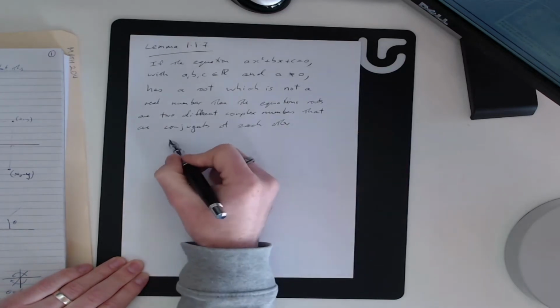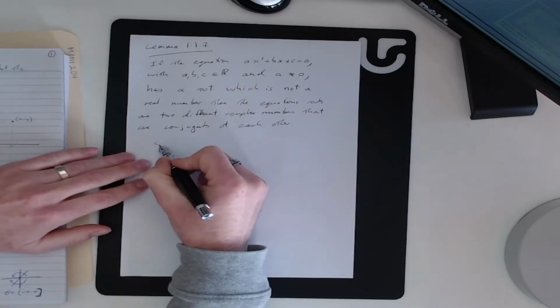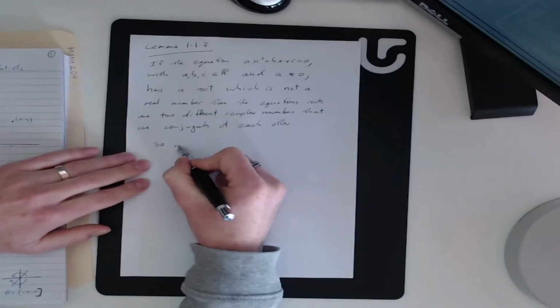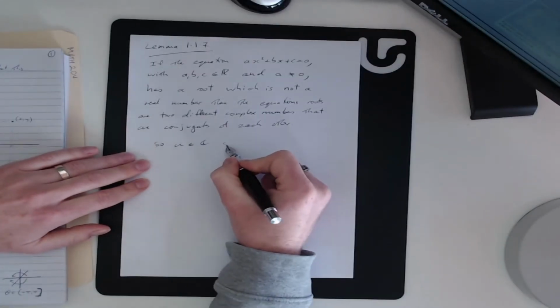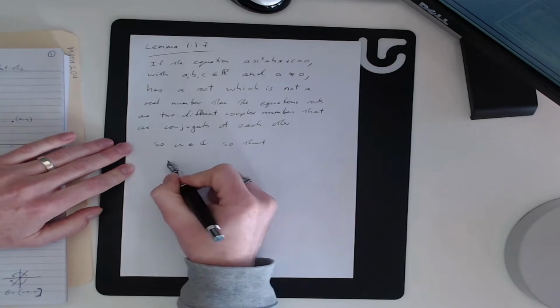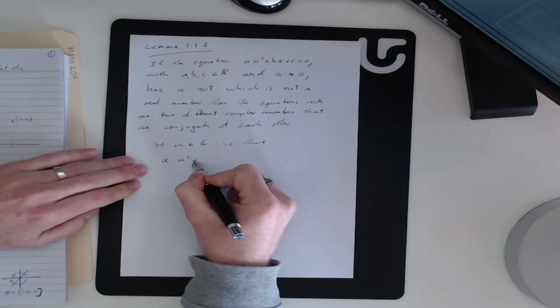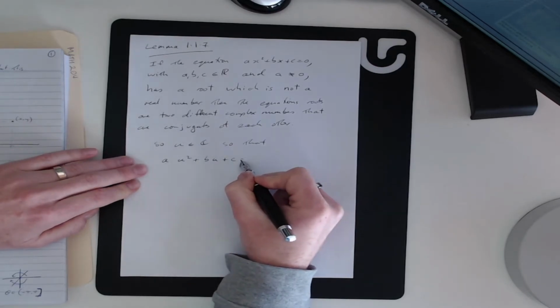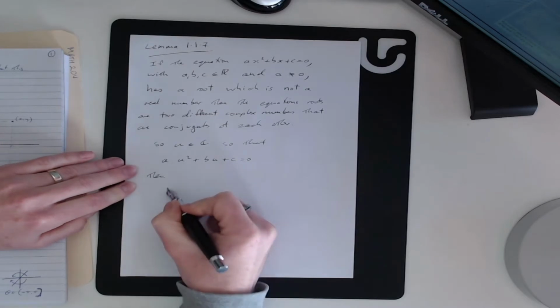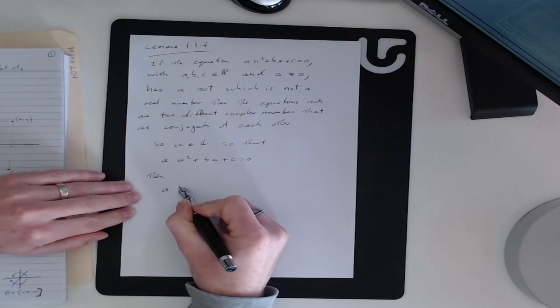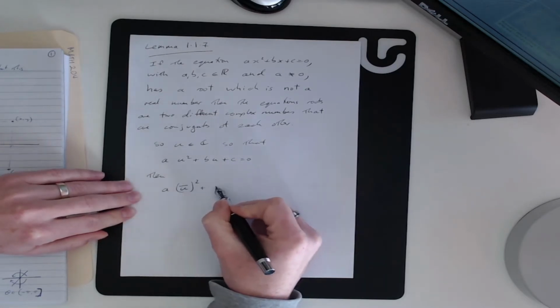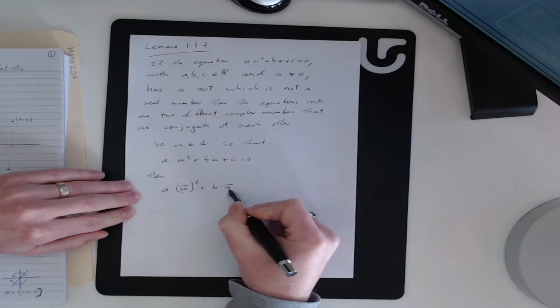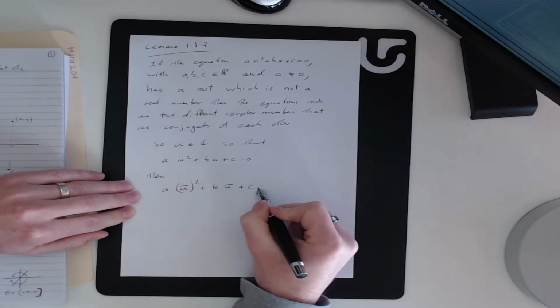And by that I mean that, for example, if u is a complex number so that au squared plus bu plus c equals 0, then a times the complex conjugate of u squared plus b times the complex conjugate of u plus c equals 0.